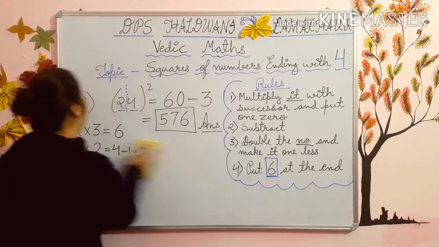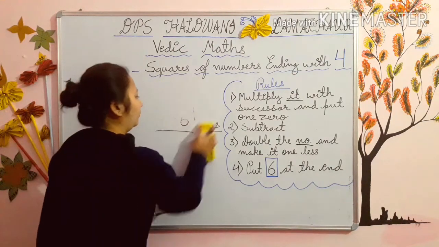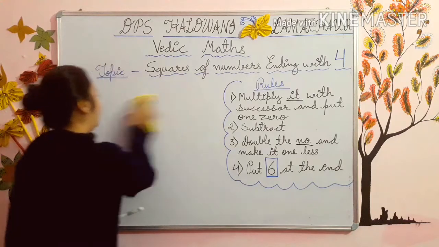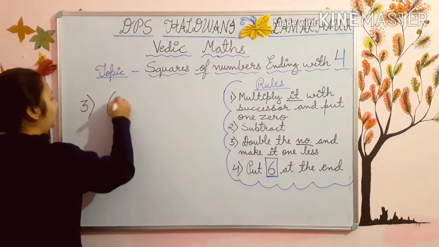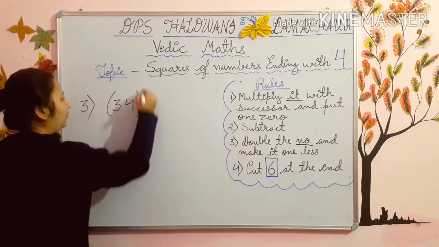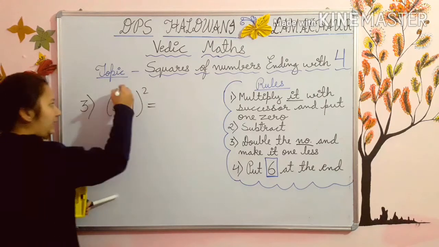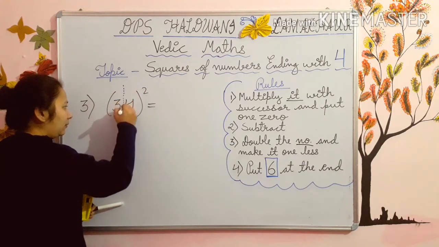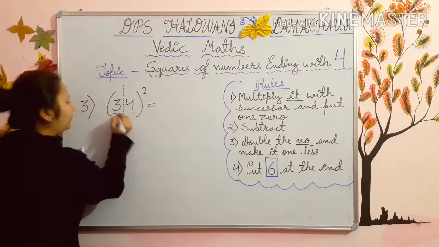So we will move to our third sum now. Third sum, the square of 34. Now, just divide the number. The two numbers we get are 4 and 3.